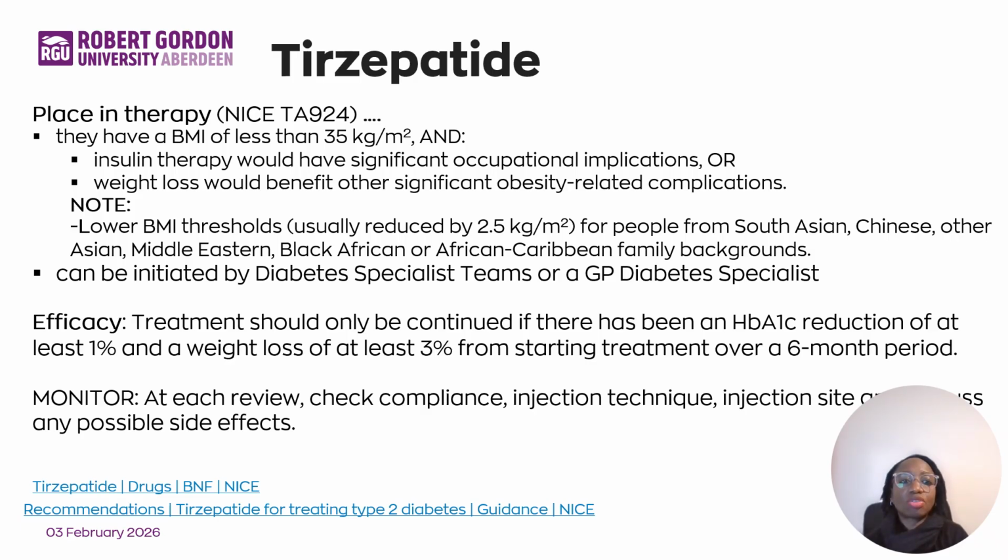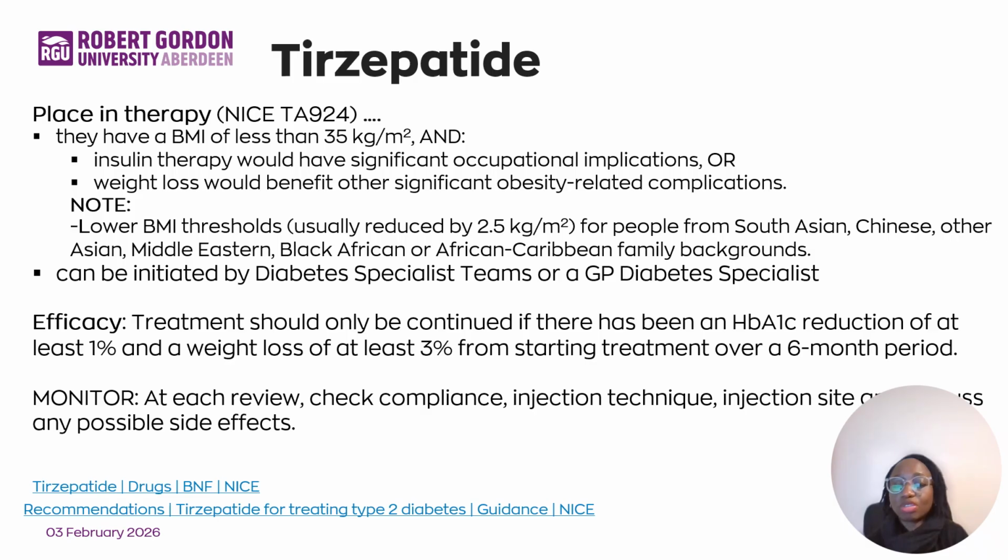Just to note here that lower BMI thresholds, usually reduced by 2.5 kilograms per meter squared, should be used for people of South Asian, Chinese, or other Asian, Middle Eastern, Black, African, Caribbean family backgrounds. So that's important. And they can be initiated by the diabetes specialist team or GP diabetes specialist. Okay.